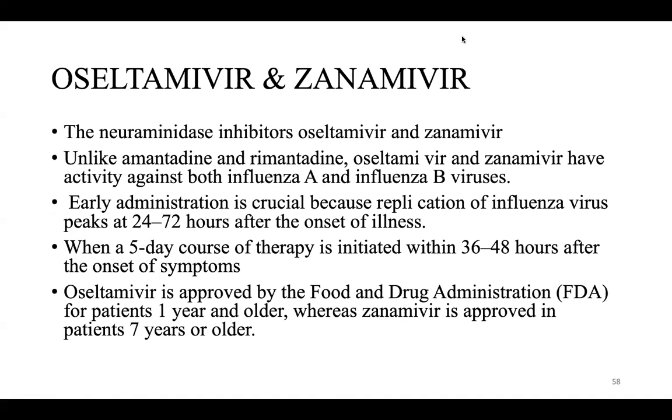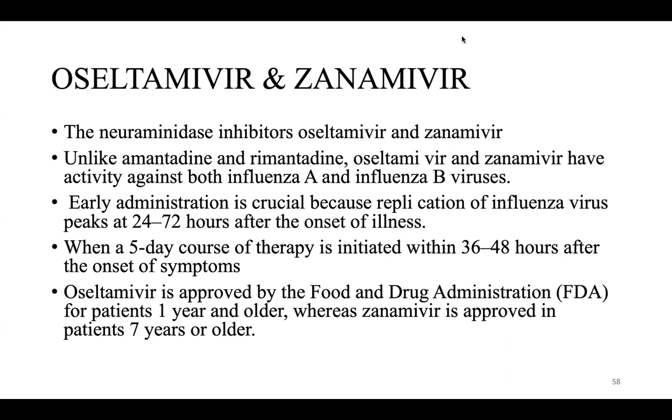The neuraminidase inhibitors, oseltamivir and zanamivir, analogs of sialic acid, interfere with release of progeny influenza virus from infected host cells, thus halting the spread of infection within the respiratory tract.